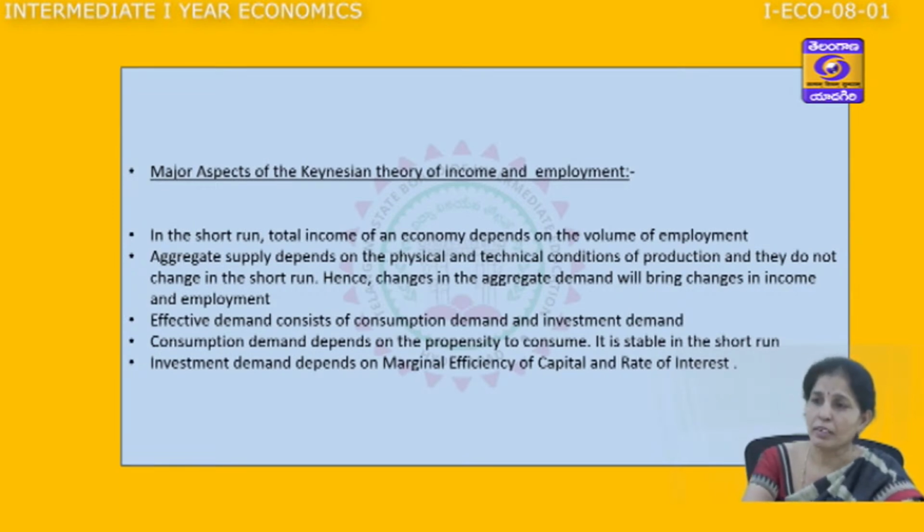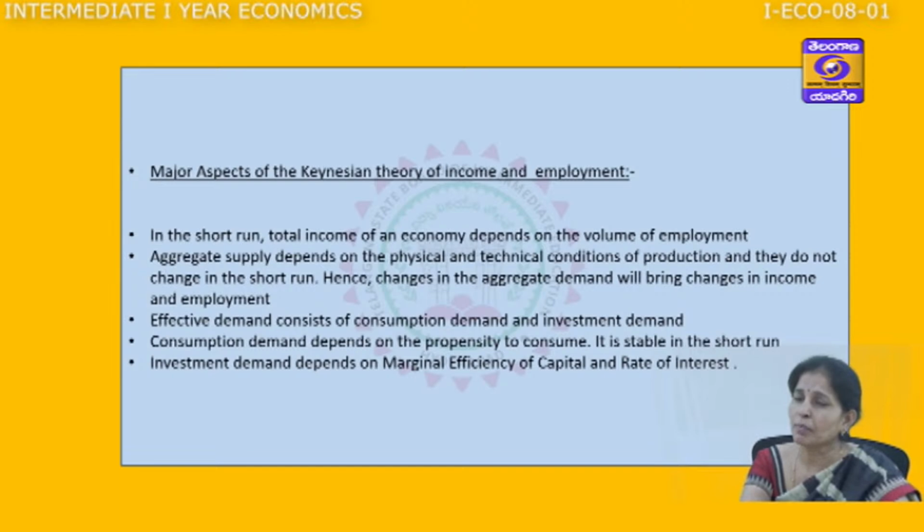Let us talk about the next point. Effective demand consists of consumption demand and investment demand. What is consumption demand? It totally depends upon the need to consume, which is stable in the short run. In the short run, when the incomes are not increasing, the propensity to consume remains the same.